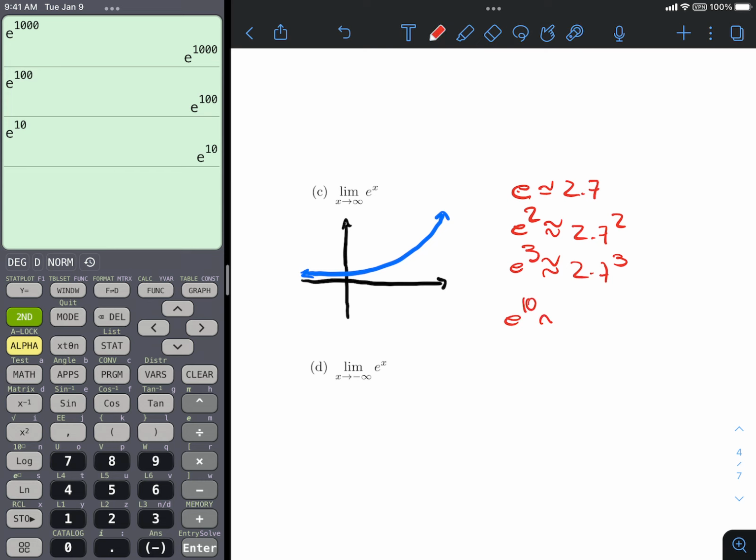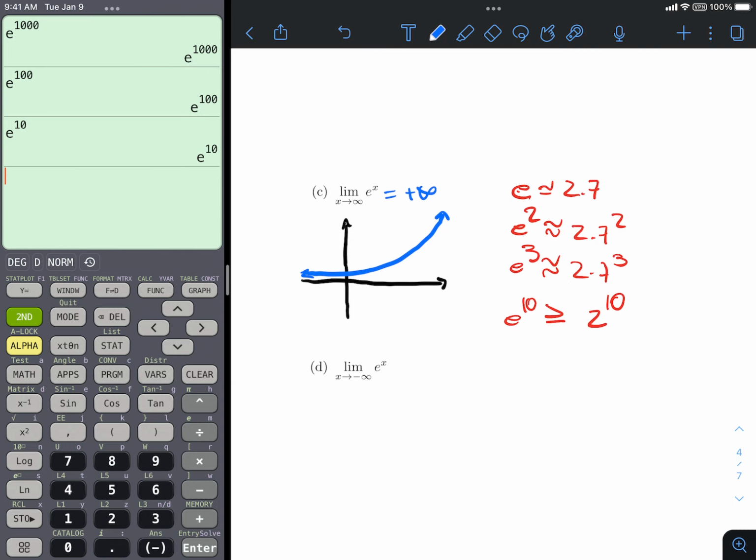So e to the 10th is going to be a lot bigger than, let's say, 2 to the 10th, because e is bigger than 2, and 2 to the 10th is big. The bigger the exponent becomes, the bigger e to the exponent becomes, because we're multiplying e times e times e over and over again. So the result is plus infinity. Calculator didn't help much, but we can still use what we know about the algebra and the graph to reach our conclusion.